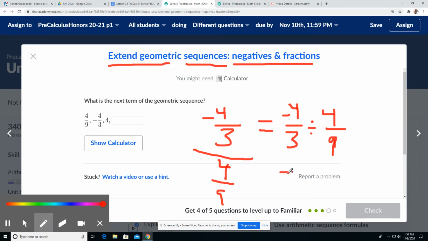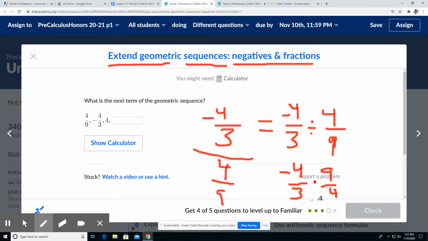So I cannot divide fractions. I can only multiply. So negative 4 over 3 times 9 over 4. And I'll go ahead and reduce at this step. Everything on top is on top. Everything on bottom is on bottom. So it's like this is all a big fraction bar with multiply. So the 3 goes into 9 3 times. 4 goes into 4 once.